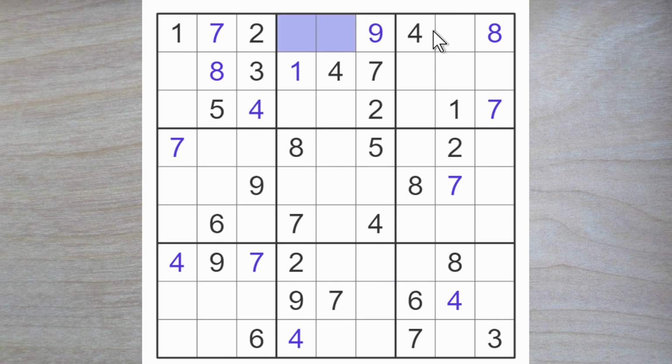A 3, 5 and a 6 for these squares. 3 blocks over and up, no, we can't do much about that yet. A 6 blocks over and up, 6 here or here, and therefore here or here.